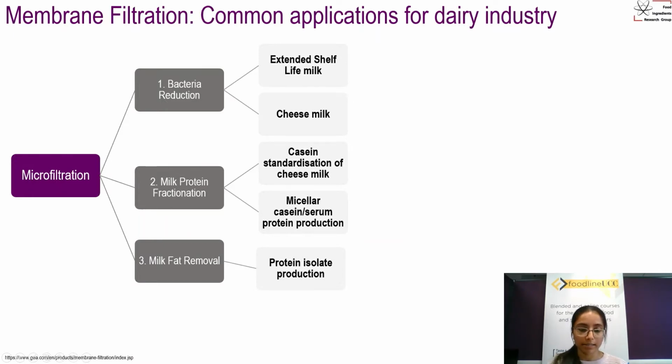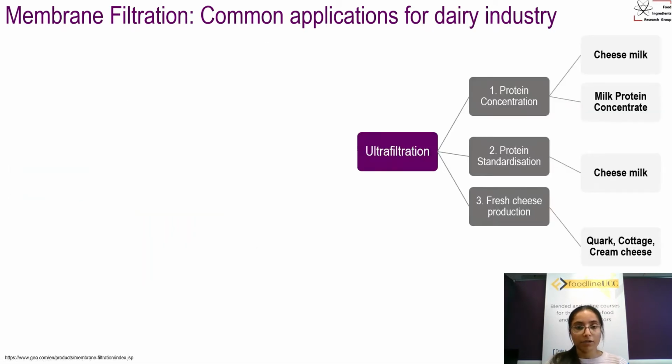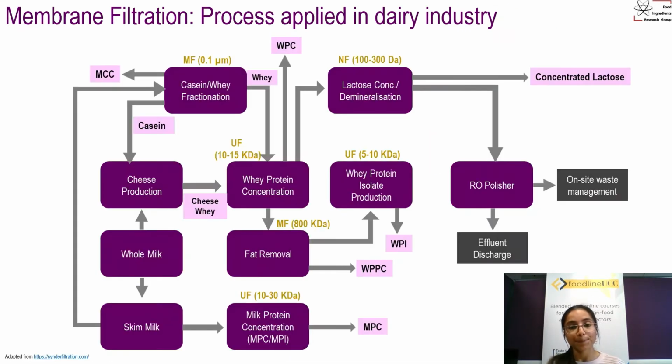And third, last, is fat removal for making protein isolates. Here you see ultrafiltration and its common applications, which are largely protein concentration for making either MPC or WPC, and the second is protein standardization, most commonly used for cheese milk.